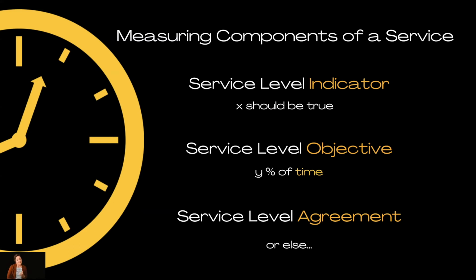A service level indicator is really the base level, the building block around which we'll be working. It's a simple statement that says X should be true. Now you can take a service level indicator and turn it into an objective by extending that statement and saying X should be true, Y amount of time. And a service level agreement is really any legal or contractual binding that you've put around your SLIs and your SLOs.